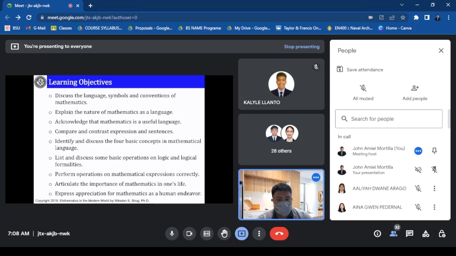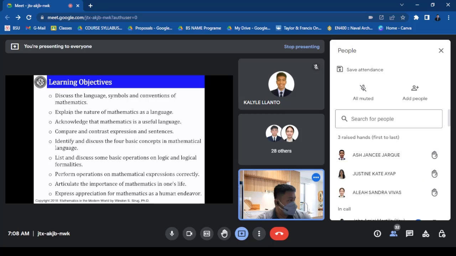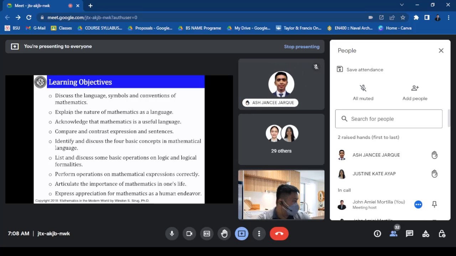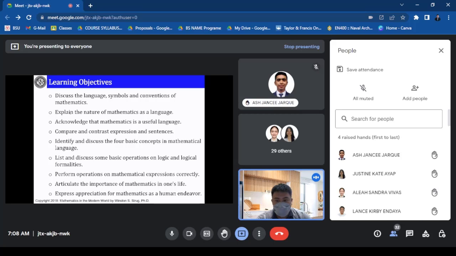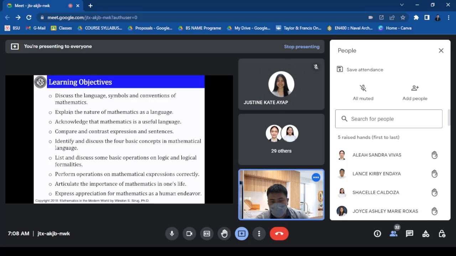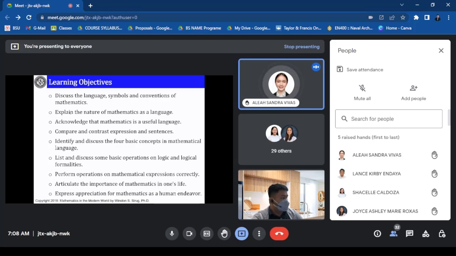Sino pwede? Okay, Ash. Explain the nature of mathematics as a language. And Justin, next. Acknowledge that mathematics is a useful language. And Alea, next. Compare and contrast expression and sentences.